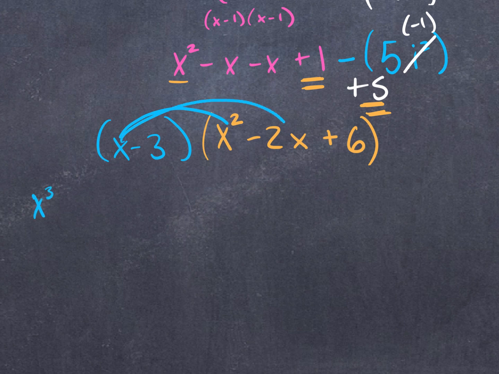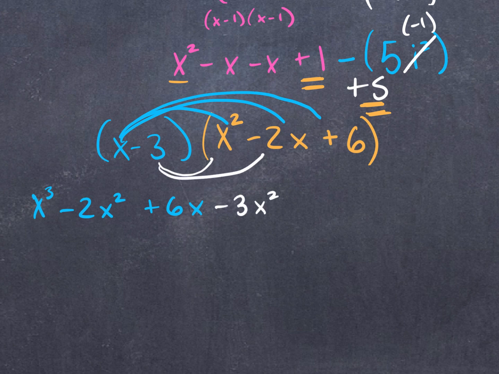What is x times negative 2x? Negative 2x squared. And x times 6 would be 6x. Then I have negative 3 times x squared. Negative 3 times negative 2x plus 6x. And negative 3 times 6. So minus 18.